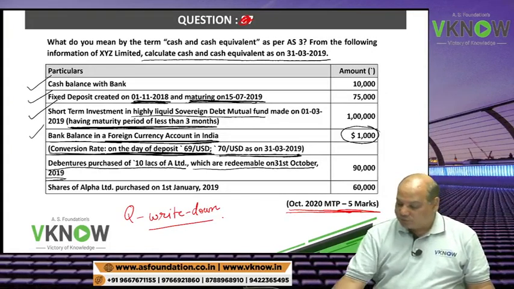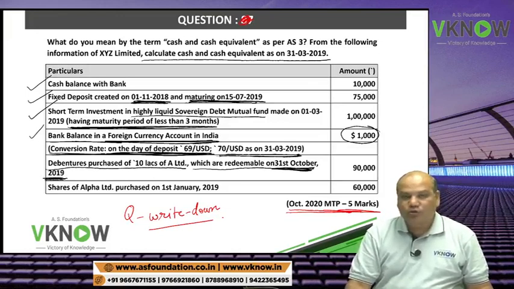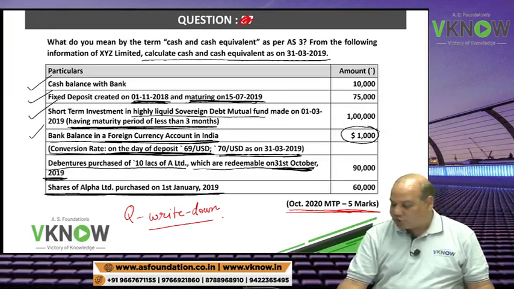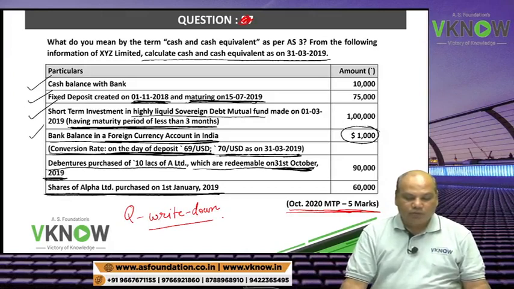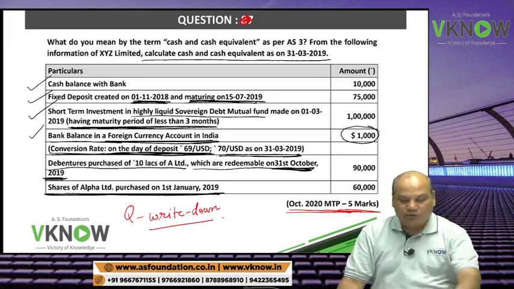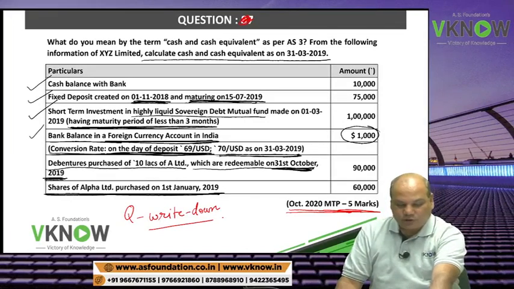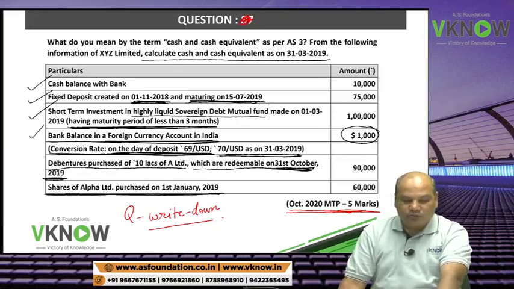Important is the date, 31st October 19, 90,000. Last line write down shares of Alpha Limited purchased on 1st January 2019, 60,000.